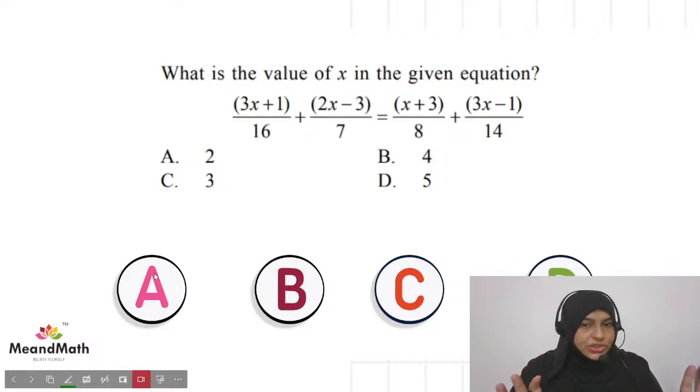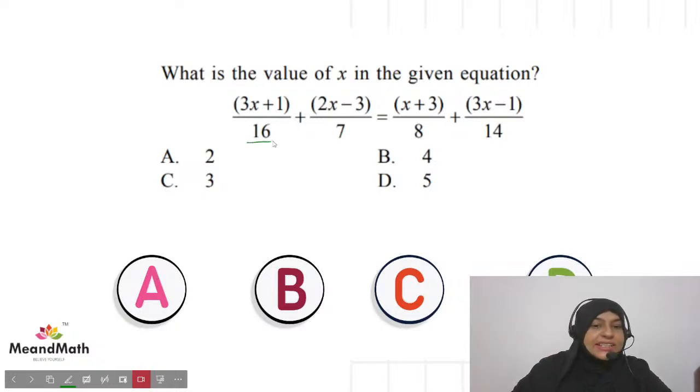Here there is an equation. You need to solve this equation to find the value of x. But before we start, let's see.